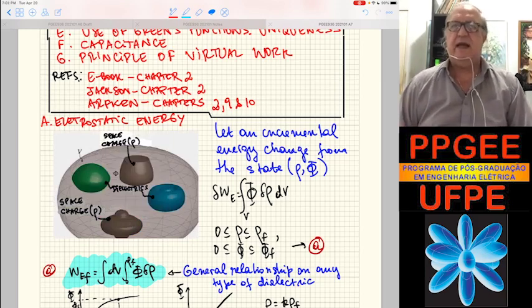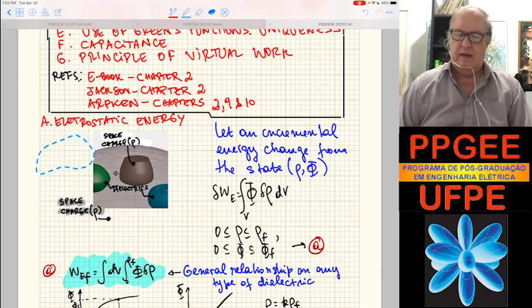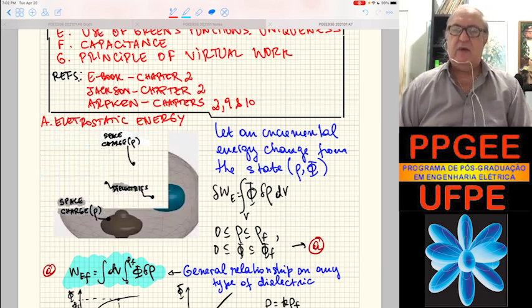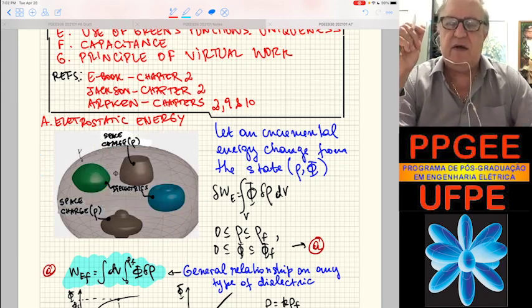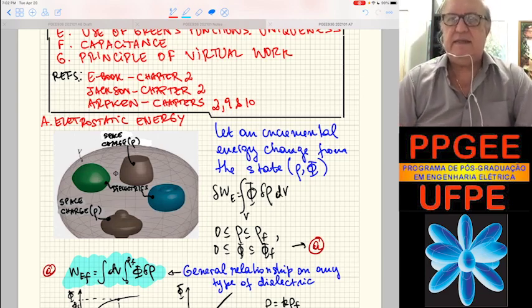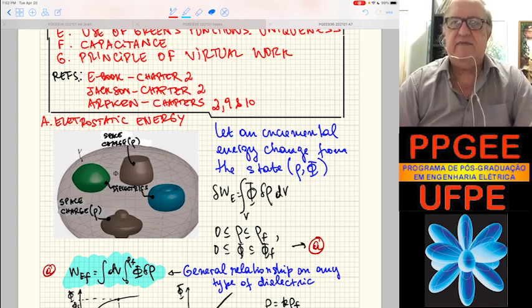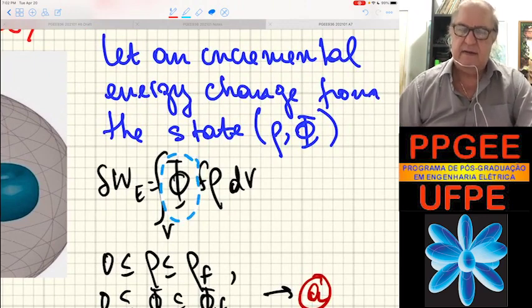I mean, all these elements occupy a volume V, and we want to determine what would be the electrostatic energy change for an incremental change of charge density. Let's state that at a given state, the potential function in the system is described by this parameter phi.